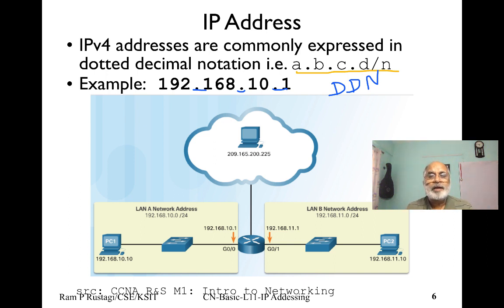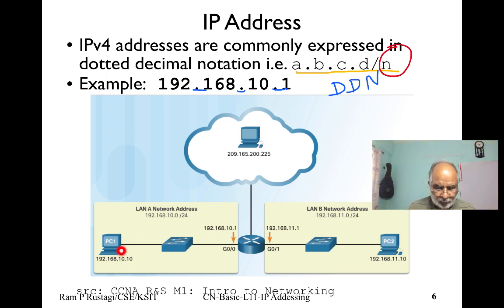And in the next lecture, we'll cover in more detail what this slash n means. It's the subnet mask. So look at this diagram. We have a PC1 whose address is 192.168.10.10. There's a PC2 whose address is 192.168.11.10.